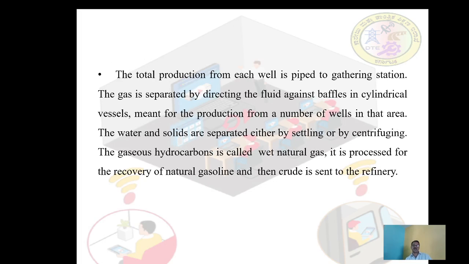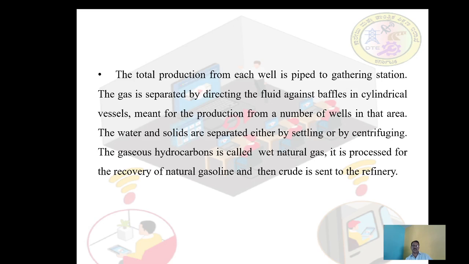The total production from each well is piped to a gathering station. The gas is separated by directing the fluid against a baffle in a cylindrical vessel meant for the production from a number of wells in that area. The water and solids are separated either by settling or by centrifuging.